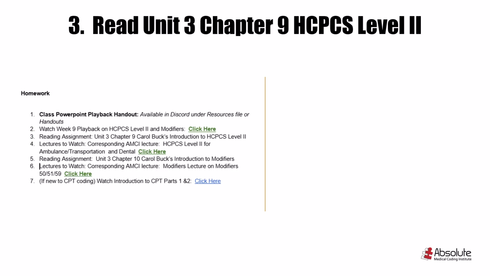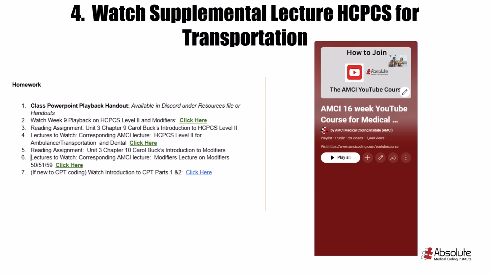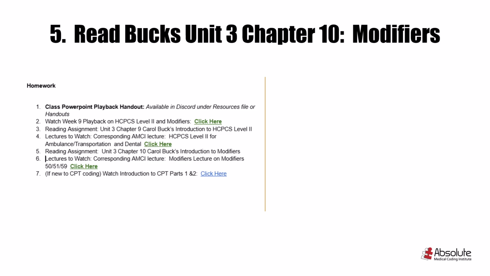Number three, you will need to read Buck's, Unit 3, Chapter 9, HCPCS Level II. Number four, we have supplemental lectures on HCPCS. Go ahead and read it. Number five, there's another reading assignment on modifiers. This is Unit 3, Chapter 10 in Buck's.